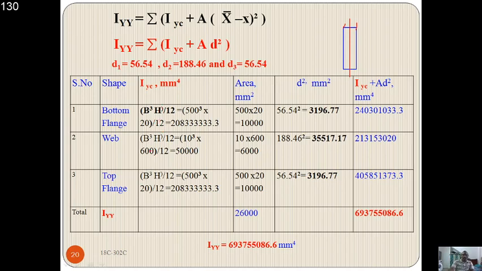The same formula is also good for the remaining flanges and webs. Then substitute the values and add the same to the A d square term. After summation, you will get the Iy value.